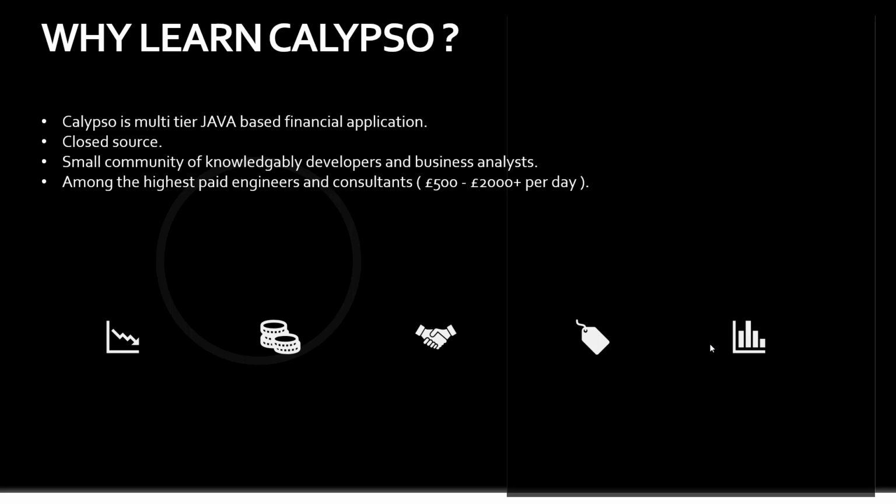It's a very small community of developers and business analysts, so there are only a few people. The only way you could know Calypso is if you've worked for Calypso in the company, or you've worked with someone that has a license. So you've been exposed to the application, you've got access to it, and you've learned through trial and error, teaching yourself basically on the job.